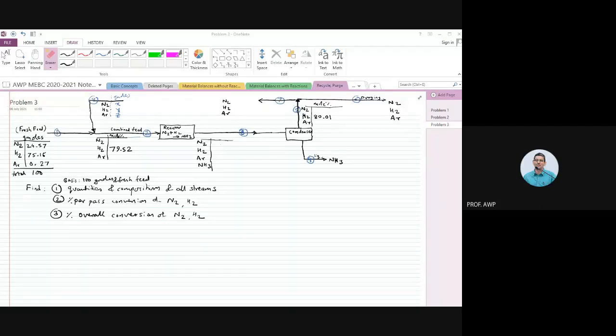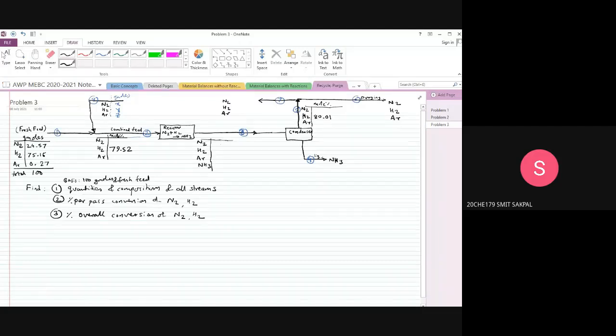Smith, how far have you come? Sir, I am stuck somewhere. Where are you stuck? Sir, I assume four unknowns. Okay. Which ones? X, Y, Z, and N. N is what?